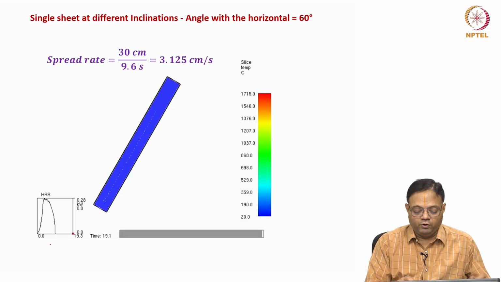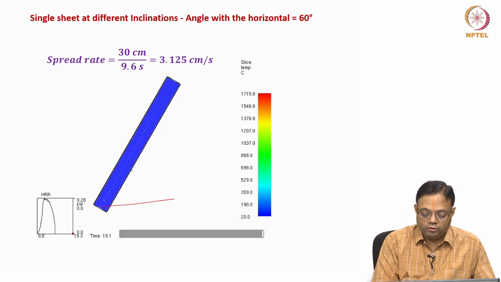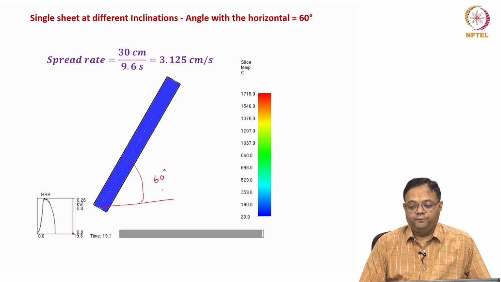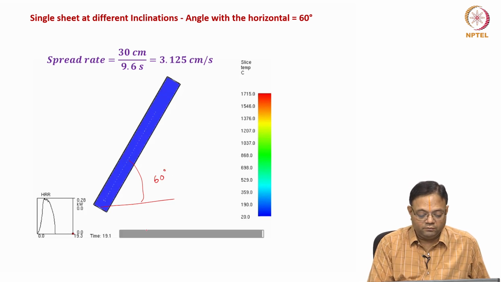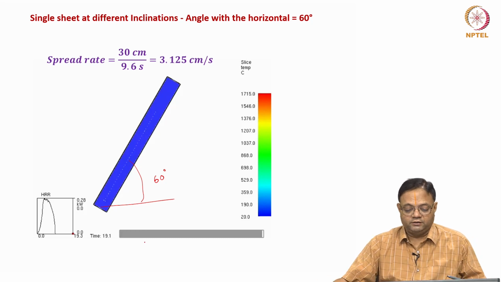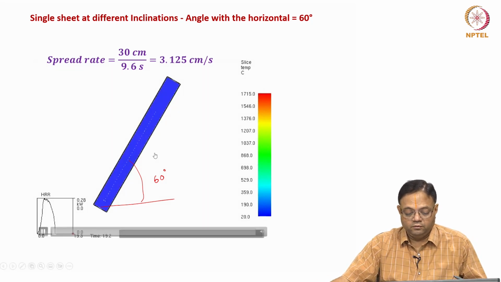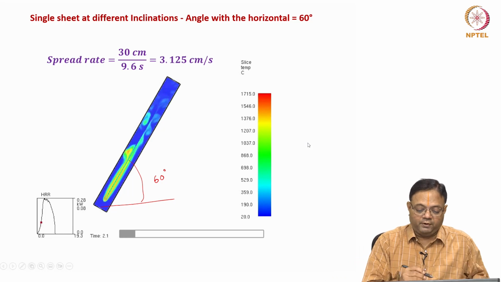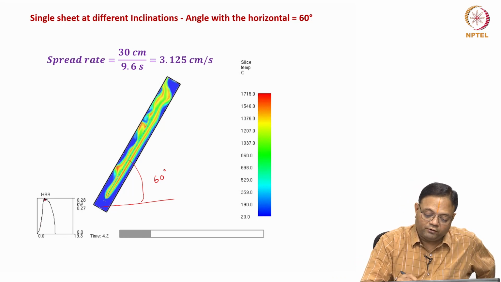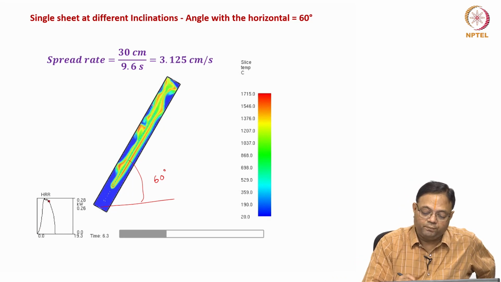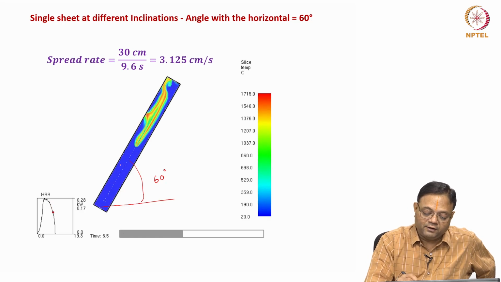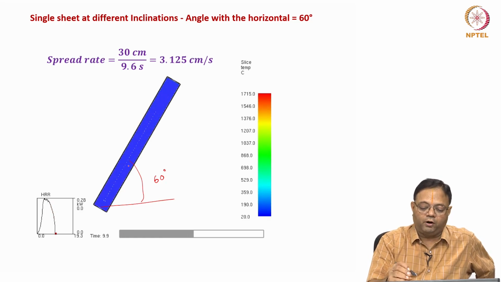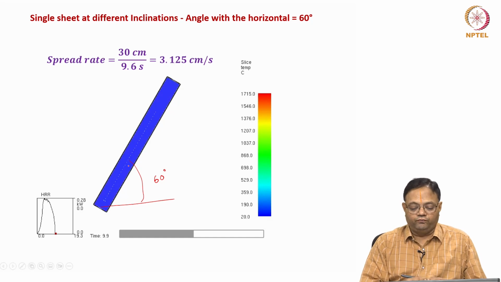Now, if the fuel is kept at a 60 degree angle with respect to the horizontal, you can see the characteristics of the flame spread. The flame spreads, but at the bottom there is not much oscillation as you see at the top. The air entrainment in the top portion has a lot of oscillation. The bottom is an elongated, good flame.